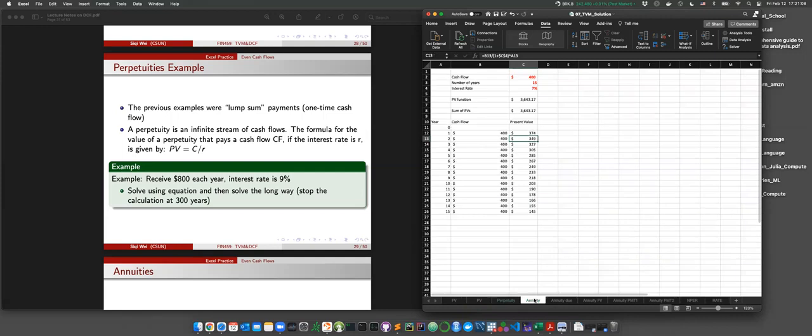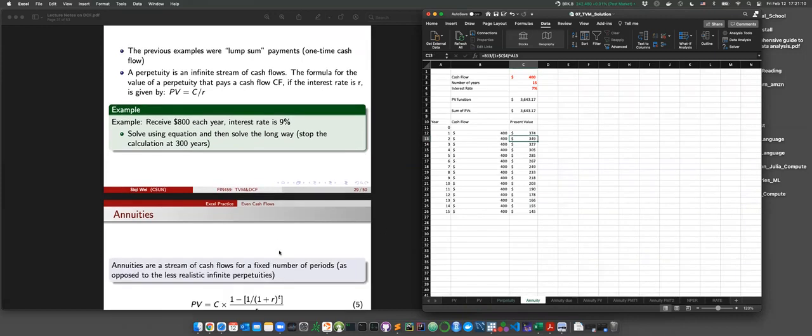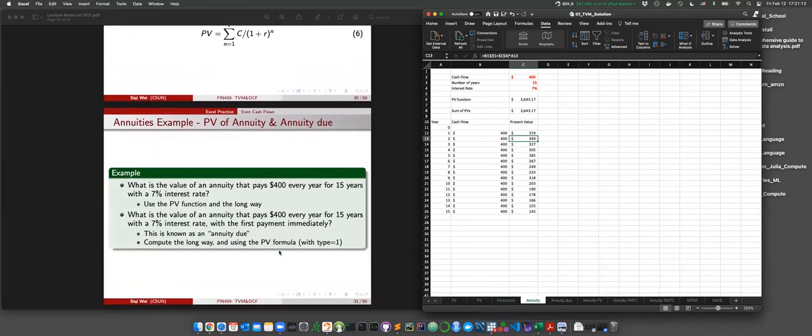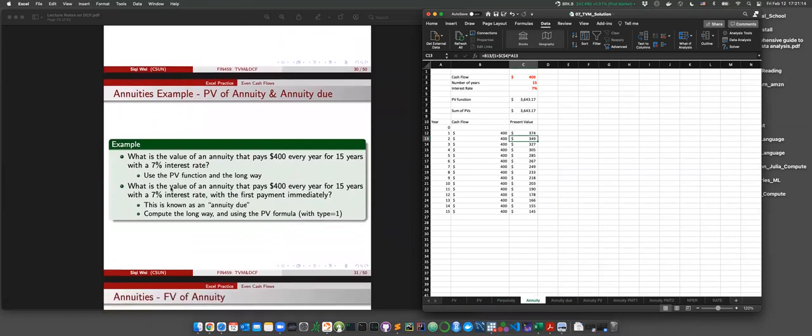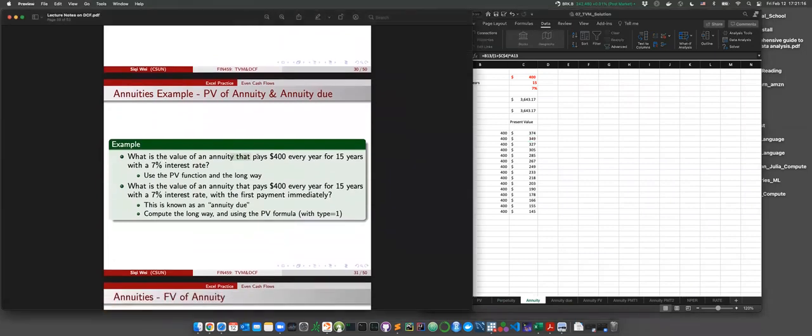Now, let's move on to the annuity example. Suppose you have an annuity that pays you $400 every single year for the next 15 years with an annual rate of 7%. Now, how do you establish the value of this annuity?